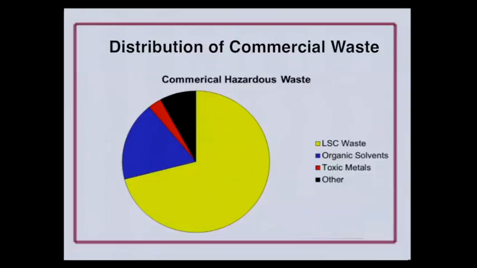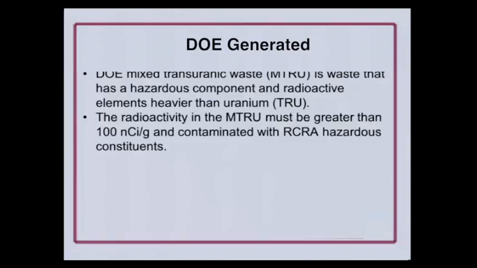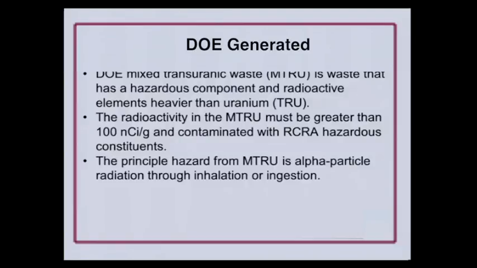As far as DOE, mixed transuranic or MTRU obviously has a hazardous component plus the transuranics. Same criteria, greater than 100 nanocuries per gram, contaminated with the hazardous constituents specified in the RCRA. The principal hazard, of course, is the alpha emission and the internal hazard that it presents.